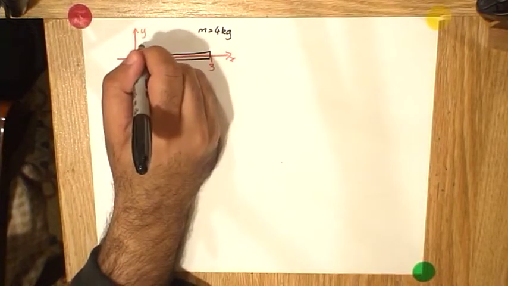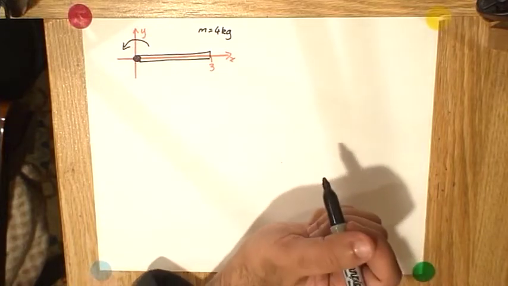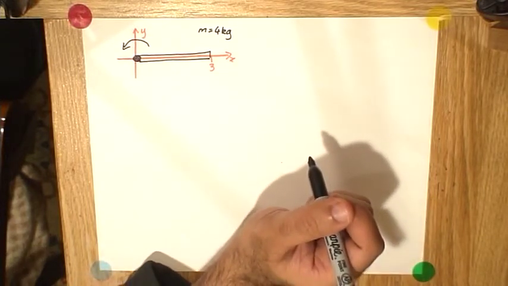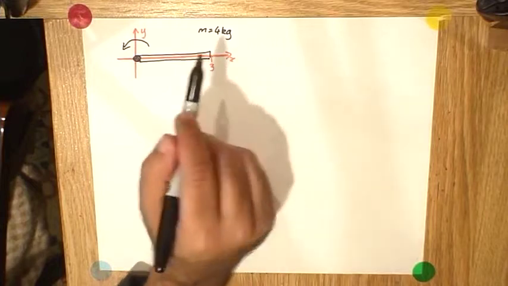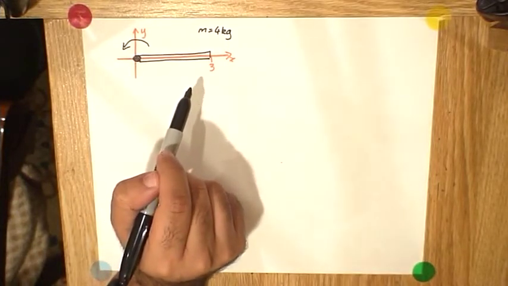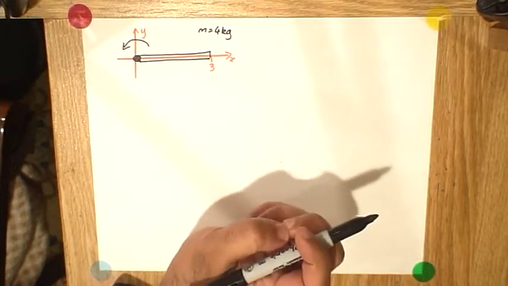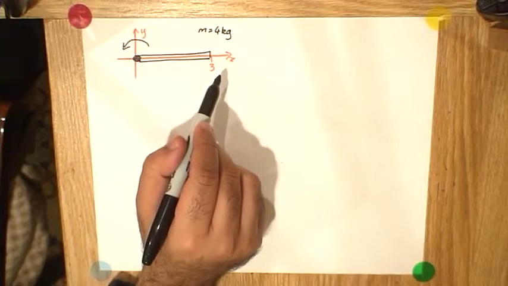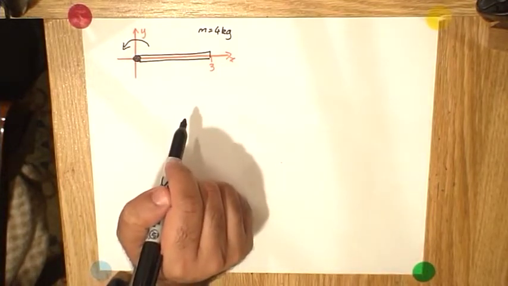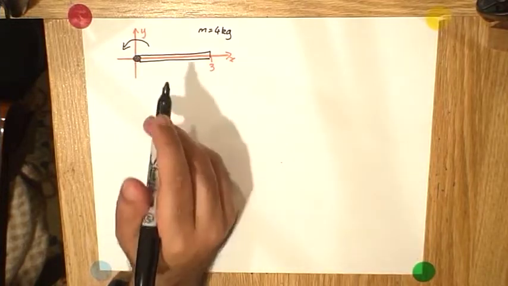Let's say, to keep it simple, that it's going to rotate in the positive direction, that's counterclockwise. Now, we have been asked to find what is the moment of inertia of this rod. Now, if you had not been given any advice on this, you would have to use calculus to solve this out. Fortunately for us, the table that I showed just a few moments ago has that information.